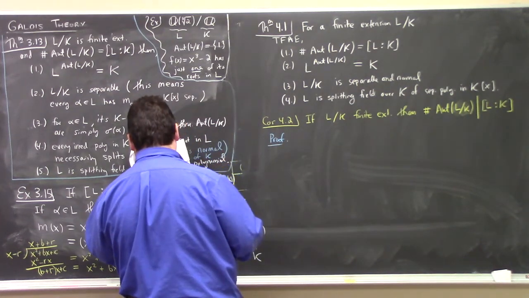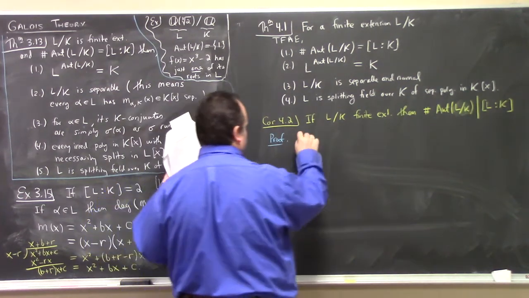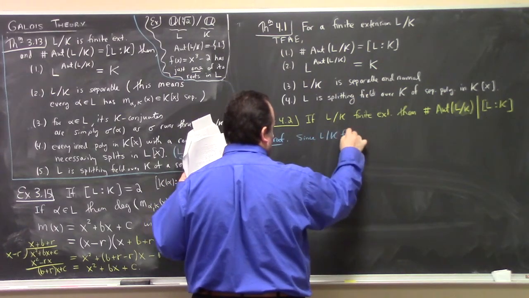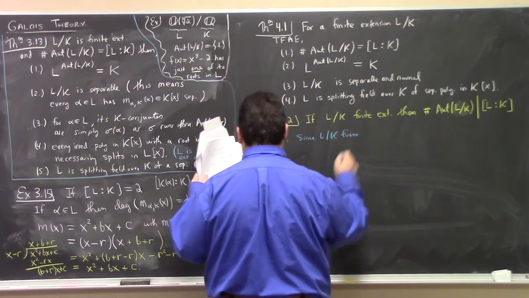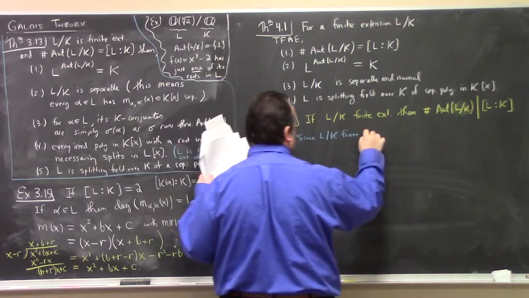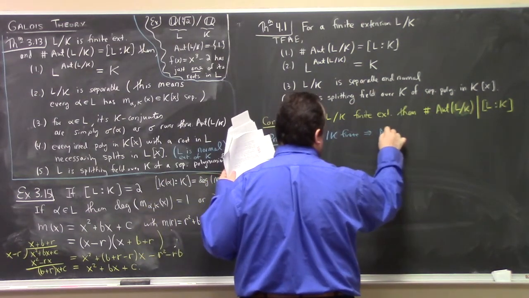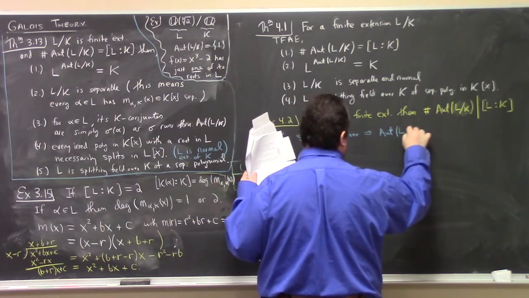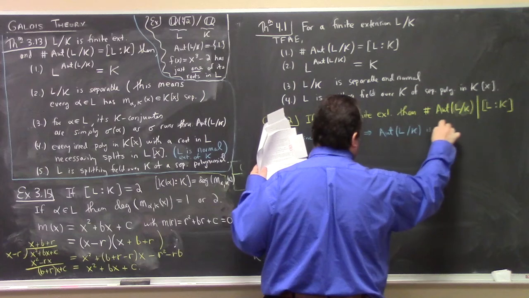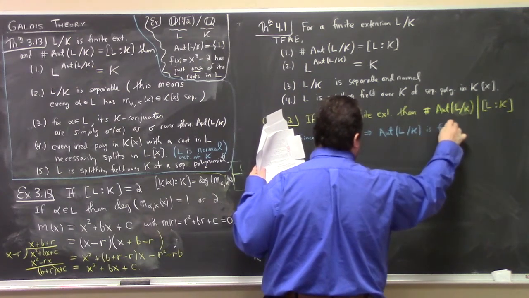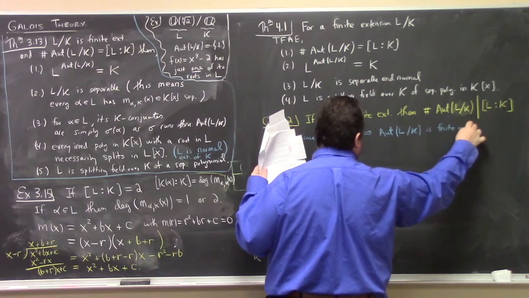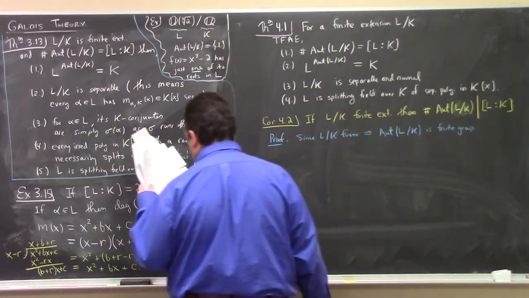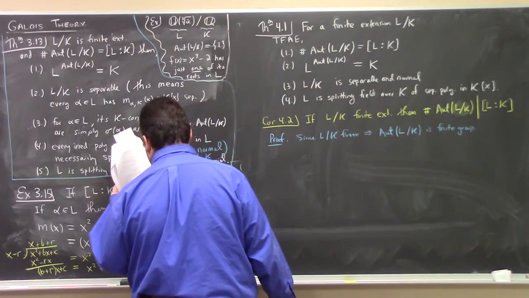Okay, since L over k is finite, we know that the group of automorphisms of L over k is finite. That was by theorem 3.1.